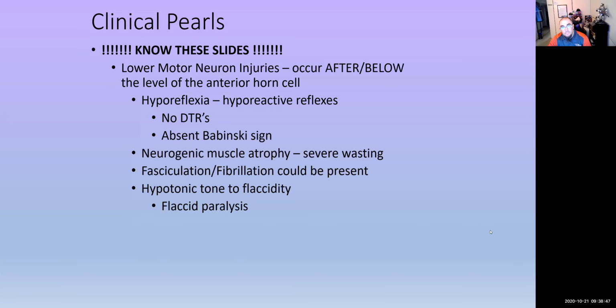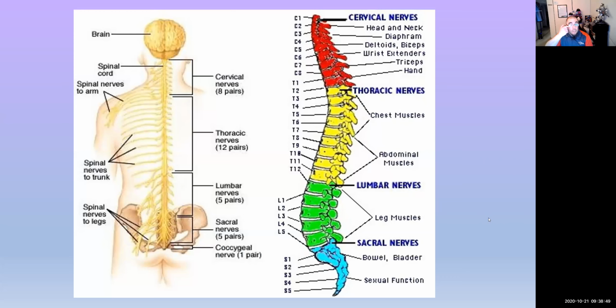So here's looking at all the spinal cord stuff again. Just remember kind of where they're at. I have a great sheet I'm going to give you that helps you break down, if you get the injury at C4, what muscles you're going to have. If you get an injury at C5, what muscles are you going to have? Because that's going to be a lot of questions on your boards with spinal cord injuries.